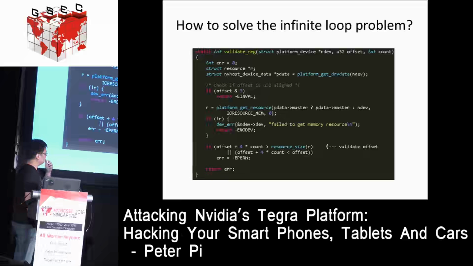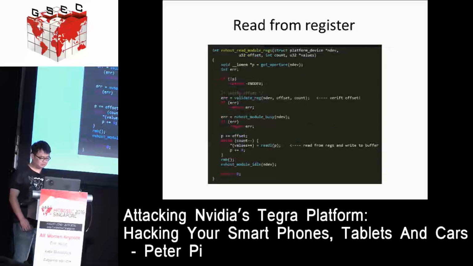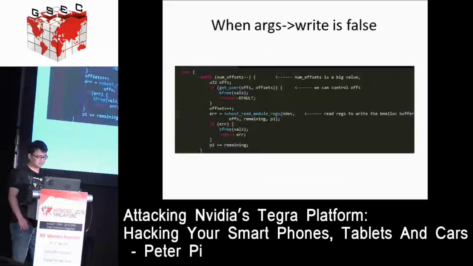So if we set the offset to a very big value, it will cause the check to fail and it will return error. When validate reg returns error, we can see that read module regs will return error.